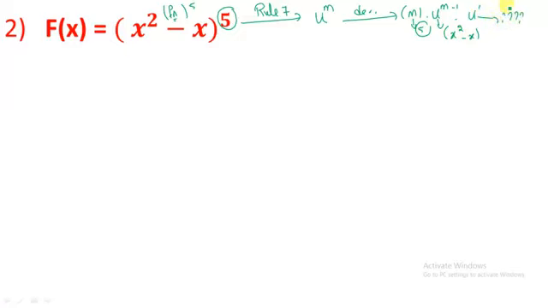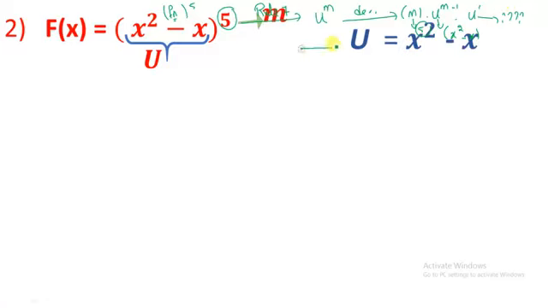So, the first step is to suppose that the quantity between the brackets is u. So, u is equal to x squared minus x, and the power 5 is m. We still need u prime.